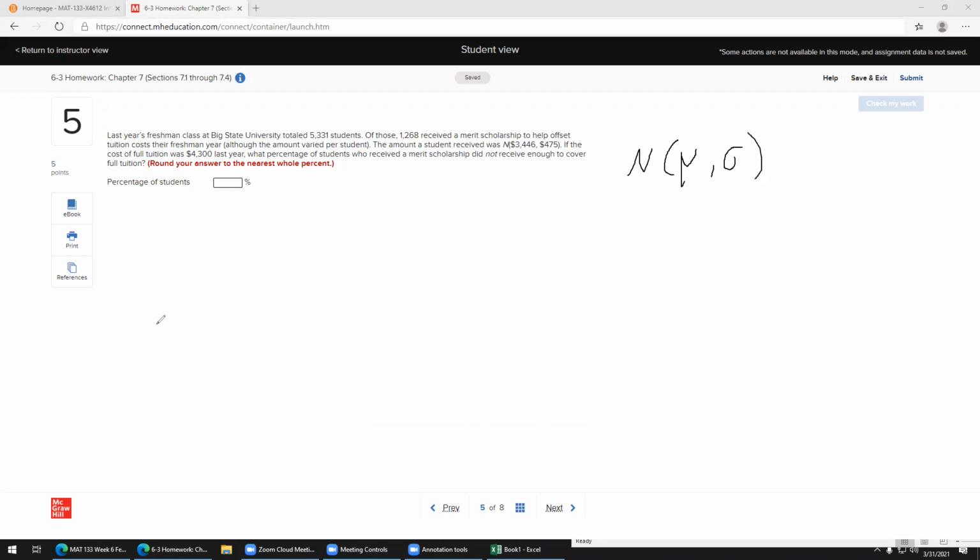Again, if I draw a picture, and you don't have to have nice, beautiful bell curves, I never do, I now know my distribution is centered at 3,446. I like to write my standard deviation up here on the side just so I don't forget it. That's 475.